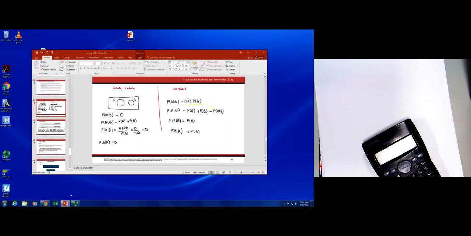We will discuss the Bayes theorem later.